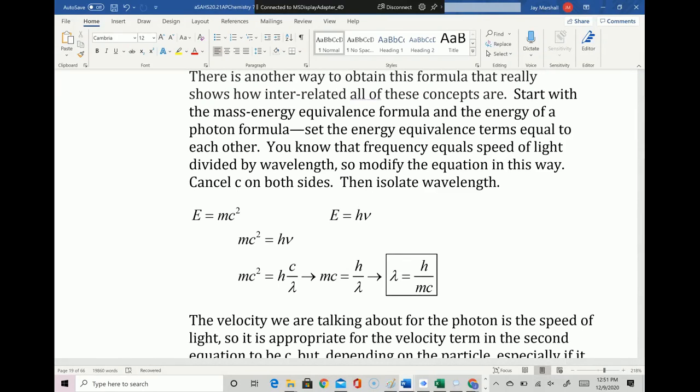I've got energy that equals mc squared, and I've also got energy that equals Planck's constant times the frequency of a wave. And I can set these things equal to each other because E is equal to E, and I can come up with the same relationship here by manipulating this. I can remind myself that frequency is the same thing as speed of light over wavelength.